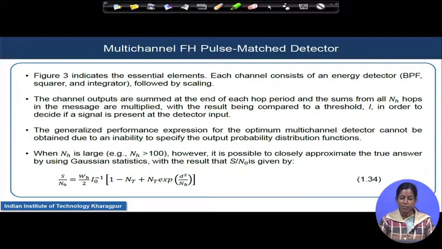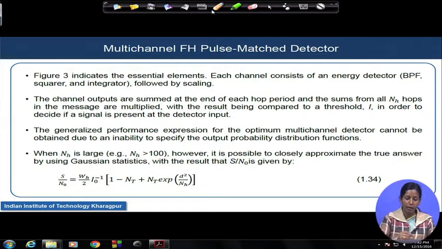So what are the essential elements we found in the earlier slide? The essential elements of such multi-channel energy detectors are the band pass filter, the square law detector, then the integrator, followed by some scaling.